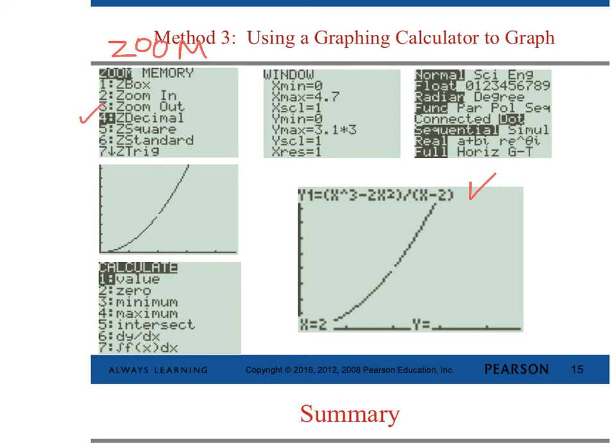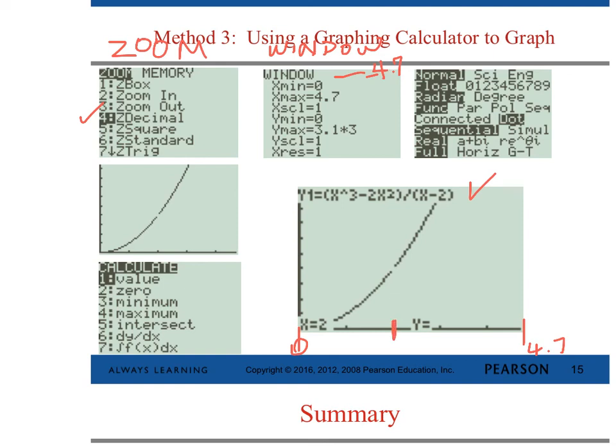And then when you do that, I want you to go to your window key and this actually originally said negative 4.7. I want you to change that to a 0 because I only want to look from 0 to 4.7, and x equals 2 is right there.